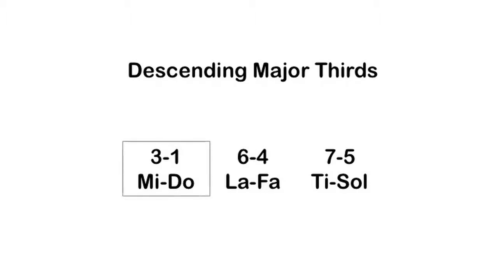I'm going to use those same scale degrees reversed to sing the major third down. Scale degree 3 down to 1. So if this is my scale degree 3, I first have to find tonic. 3, 2, 1. I now know where tonic is.